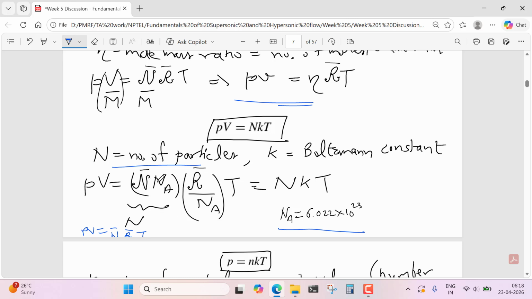This n bar is the number of moles, and number of moles into Avogadro number is the number of particles. So one definition of number of moles is number of particles upon Avogadro number. So here we get N and R bar upon N A, which is given by another constant written as k, called the Boltzmann constant. So PV equal to NkT.